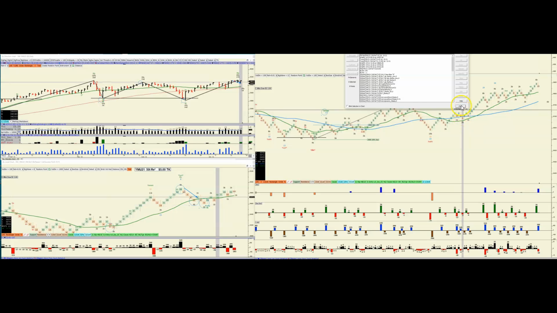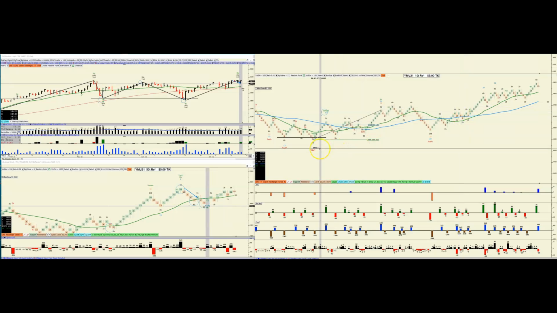So the other thing to note is that time of day is very important, because you need traders there who are going to buy the breakouts and the pullbacks, right? Otherwise, if they buy the breakout and there's no one to buy the pullback, the market will just go straight down. So you need volume.